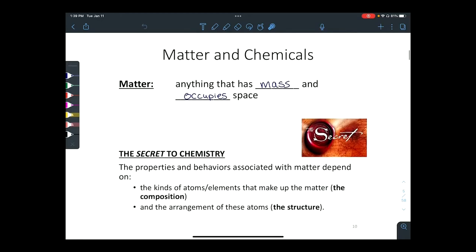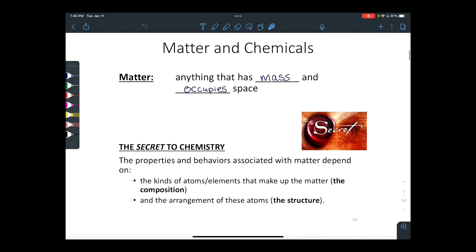All right, so matter and chemicals. So here's the definition for matter: anything that has mass and occupies space. So if you can put it in a jar, it is matter. I mean, there's very little that I can think of that isn't matter. But yeah, anything that has mass or occupies space. In this class, how we will represent matter is typically through formulas, elements off of the periodic table.